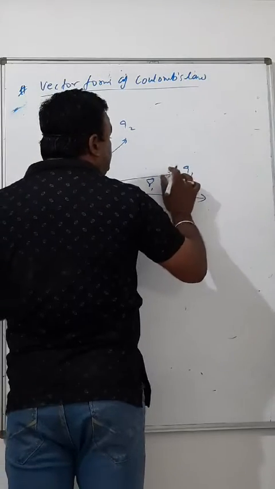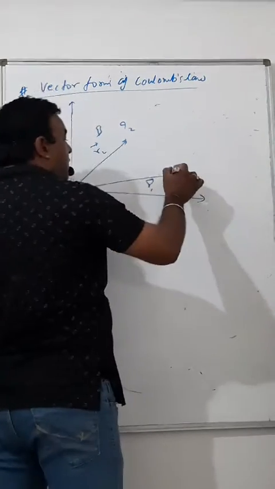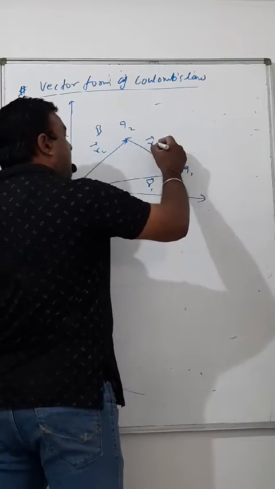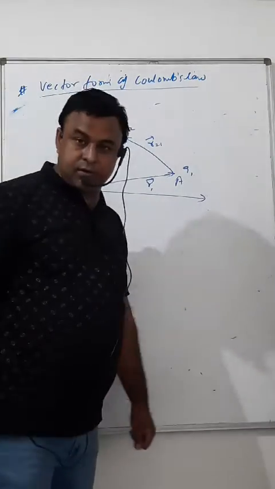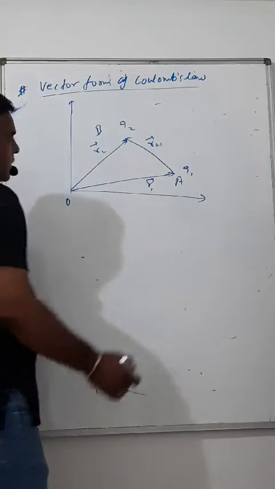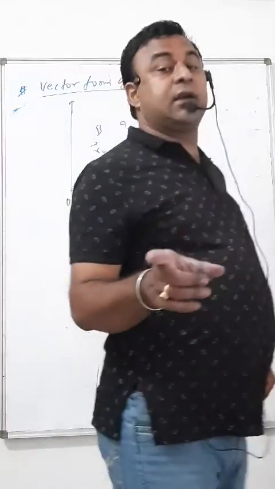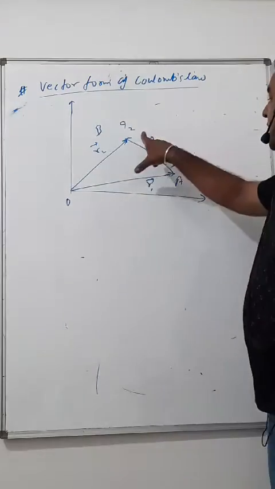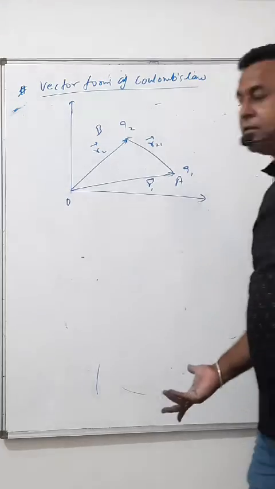Now for Q1, this is origin. From Q1 to Q2 I take vector R, position of 2 with respect to 1, R21. The same formula which I use for taking Q1 at origin, the direct distance used to matter here also.